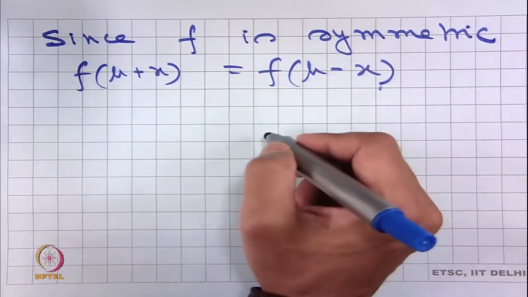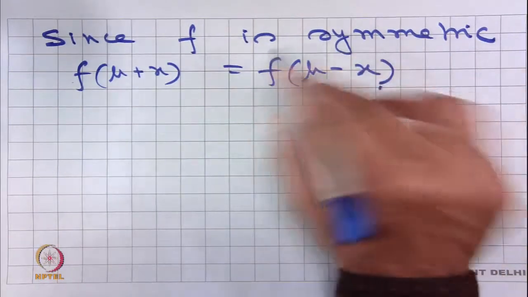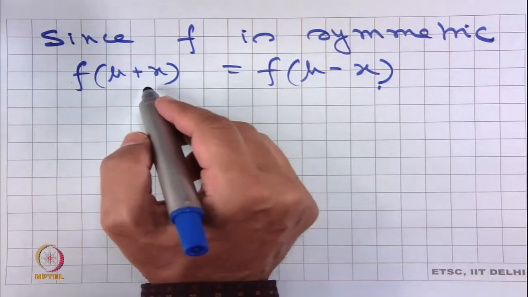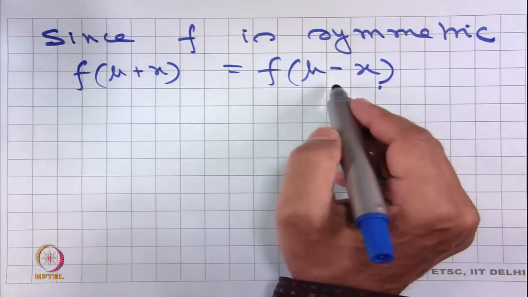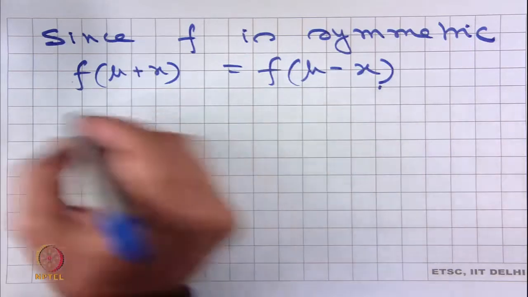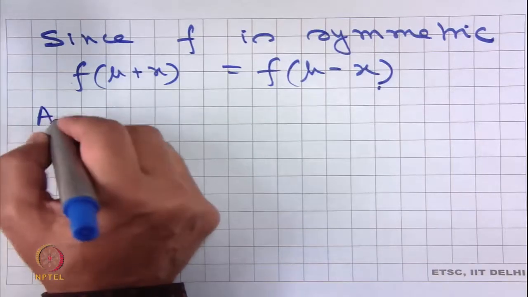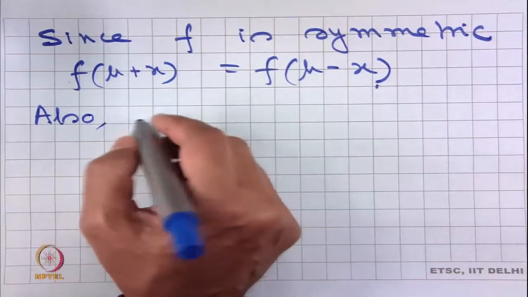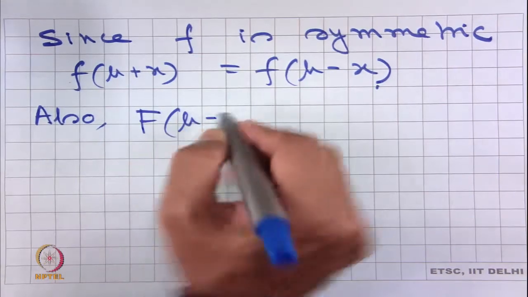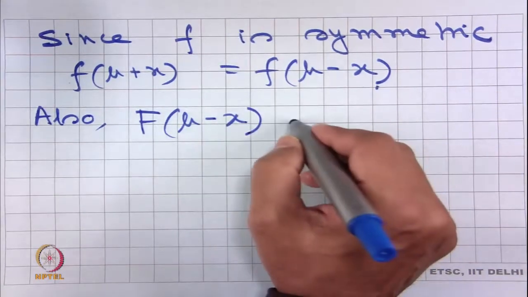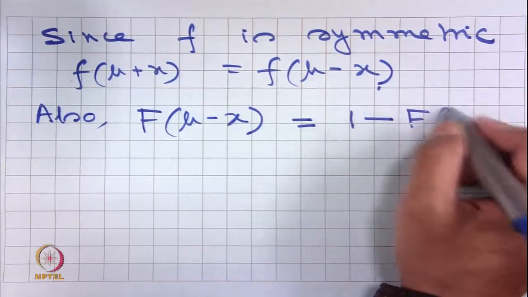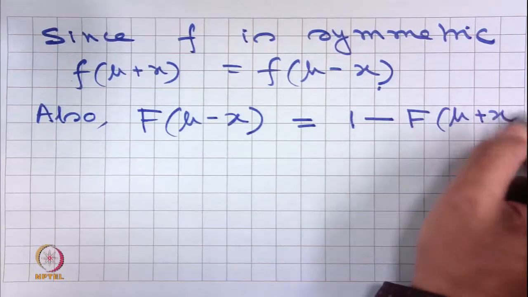Since f is symmetric around mu, f of mu plus x is equal to f of mu minus x. Also, f at mu minus x is equal to 1 minus f of mu plus x.